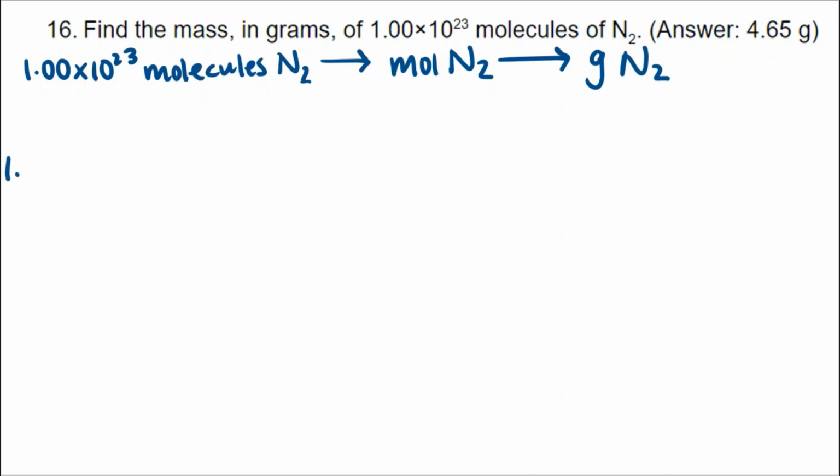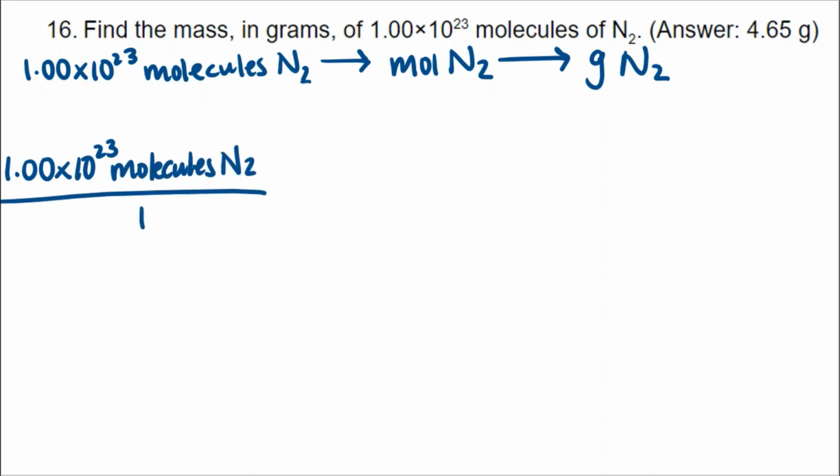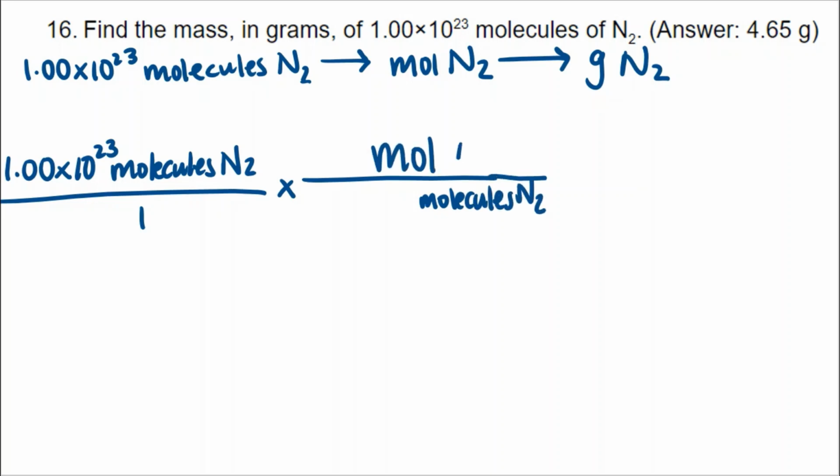So I'm going to start with my 1.00 times 10 to the 23rd molecules of N2 over 1. I'm going to convert molecules into moles in this first step, and then I can change moles of nitrogen into grams of nitrogen.